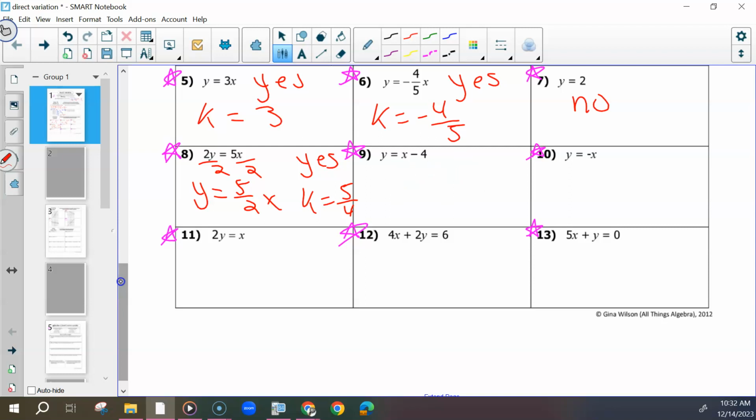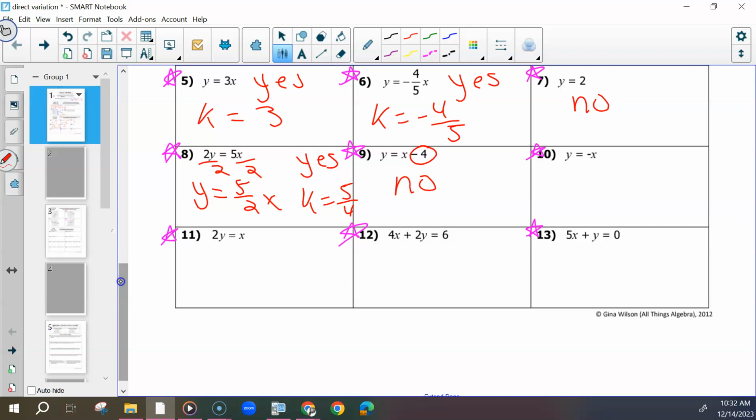What's different? Not that it's first, it's by itself, because the y-intercepts for these are what? So these are all 0. It now has a different y-intercept. It's no longer direct. So if it has a y-intercept other than 0, it cannot be direct.